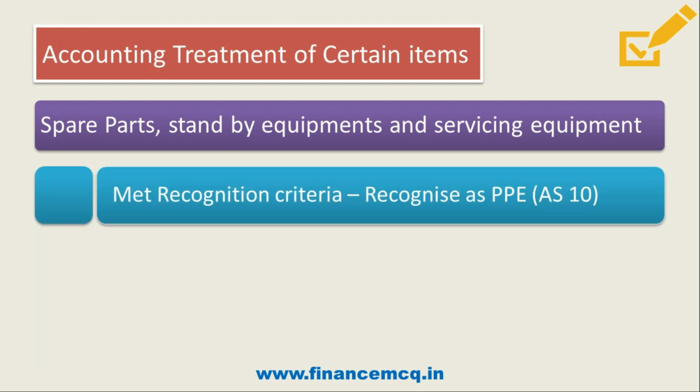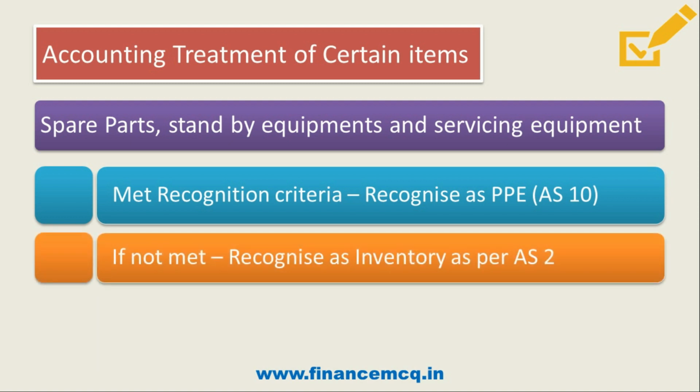So friends, if an item meets the recognition criteria of PPE, then it will be recognized as per Accounting Standard 10, Property, Plant and Equipment. And if it doesn't meet the criteria, it will be recognized as inventory as per AS 2, that is, it will be recorded as per Accounting Standard 2. And what is that recognition criteria?